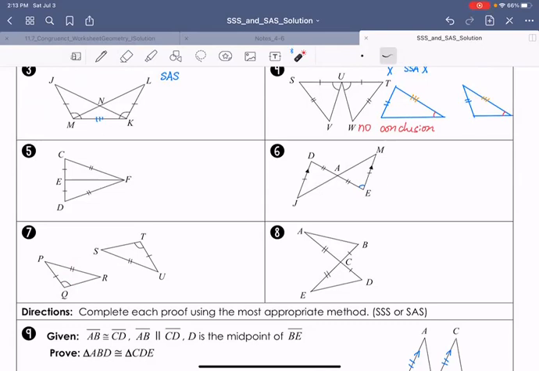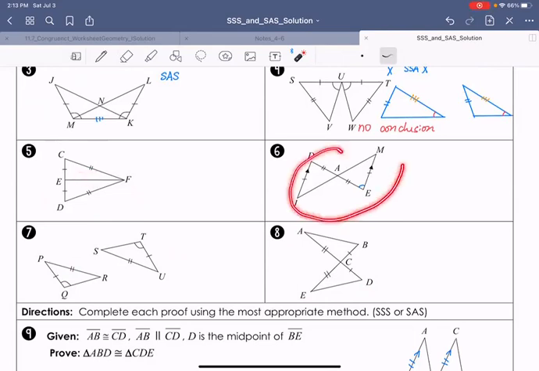So you can say none. How about this one? SAS. Okay, very good. One more. SSS. Yes, SSS. Very good.